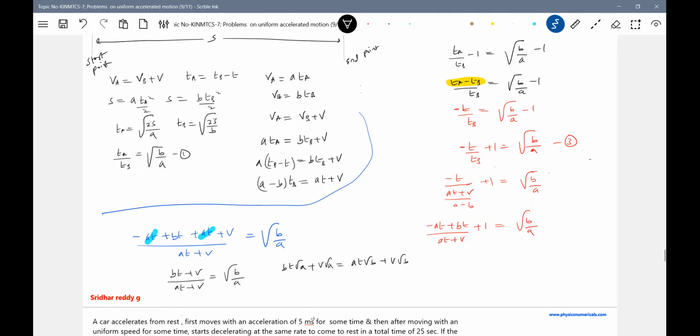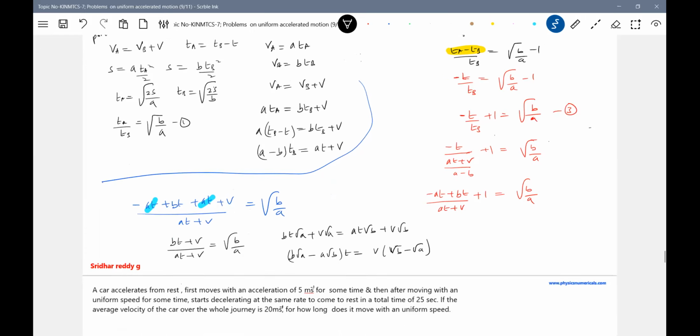Okay, any further simplification? This will become B root A minus A root B into T is equal to V into root B minus root A. I think it has to be further simplified by taking the root analysis, root B minus root A whole square.